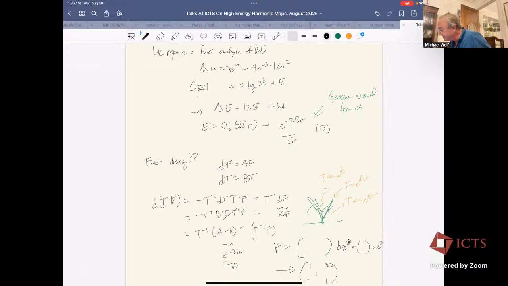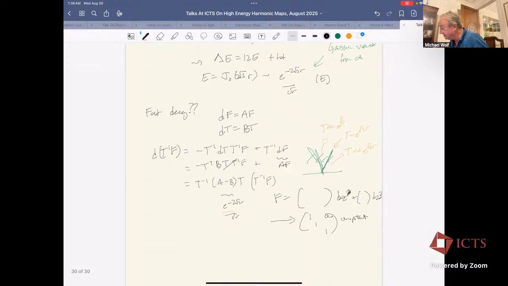And this unipotent is acting on the triangles, taking a triangle like this to another triangle like that.